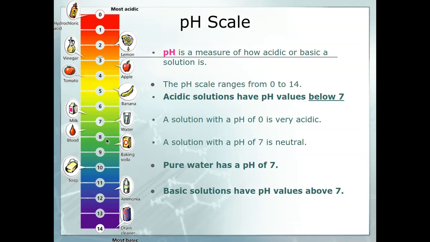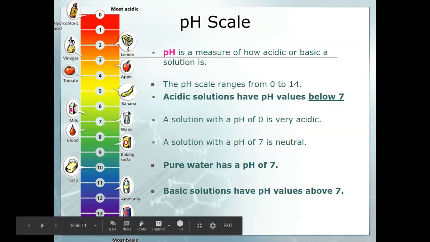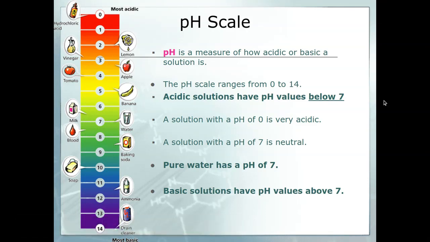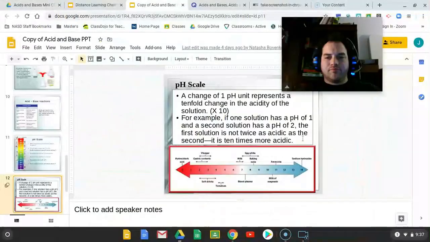As the number goes up, it becomes more basic, and these have a pH value above 7. I know it's a wackadoo scale. Typically, people would say anywhere between like 6.5 to 7.5 is neutral. Just give it a range to sit in, and that's fine. But solid 7 is neutral.